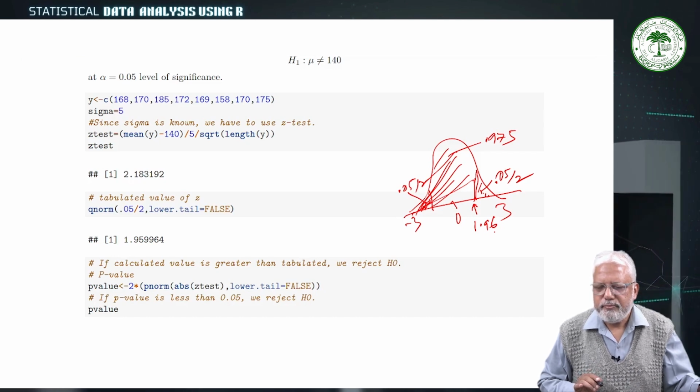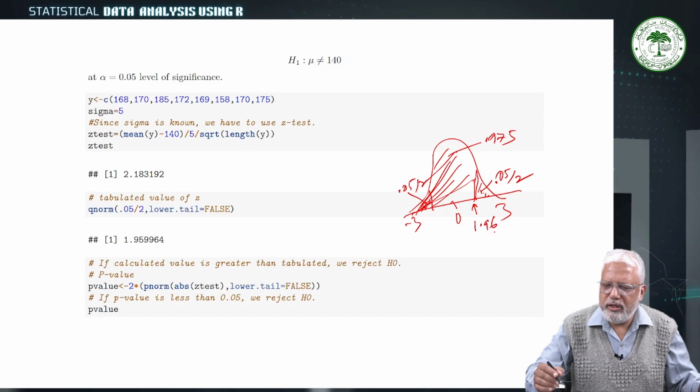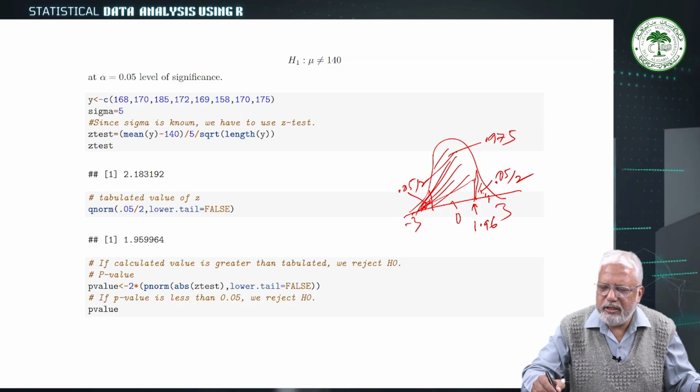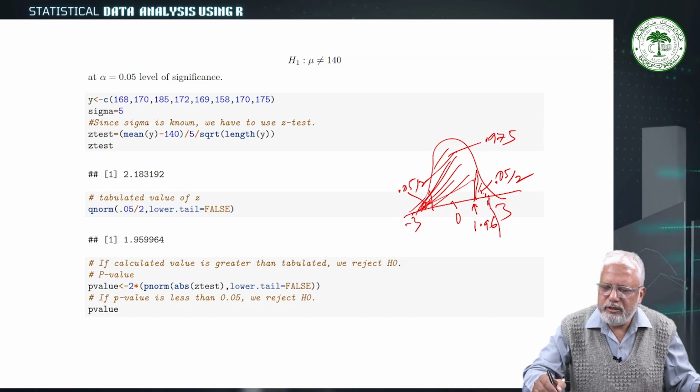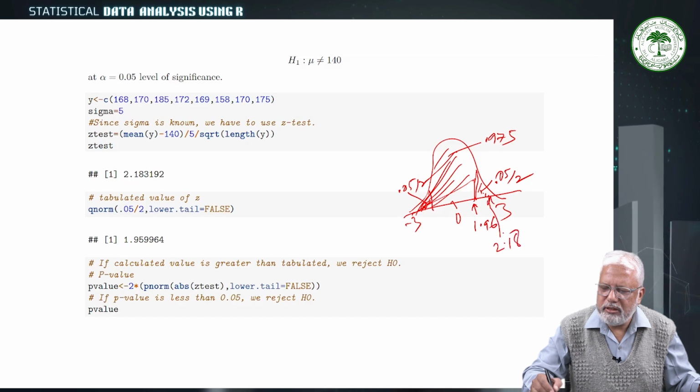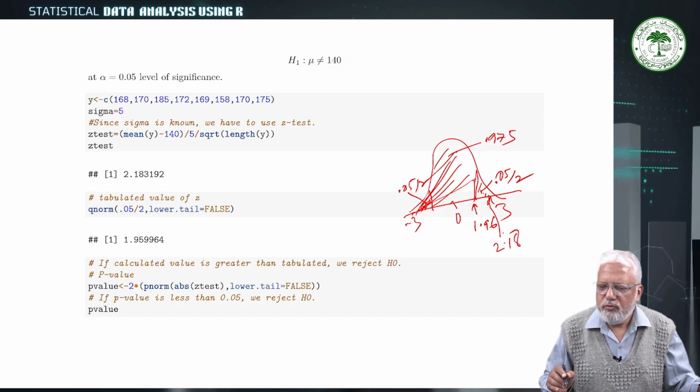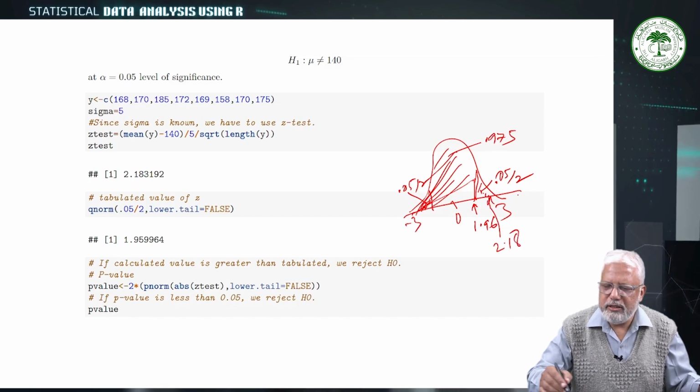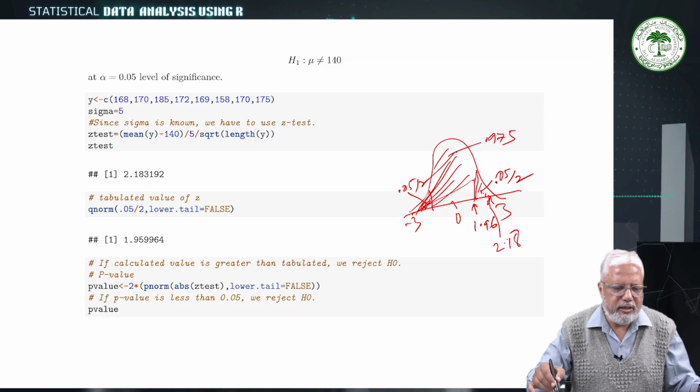Or equivalently, 2.18 will lie somewhere here. So what is the area greater than this and less than minus 2.18?